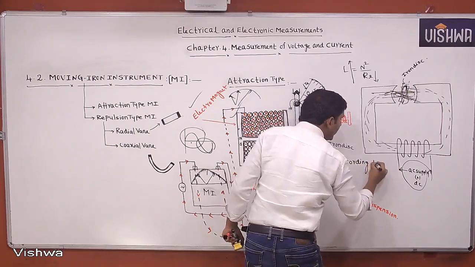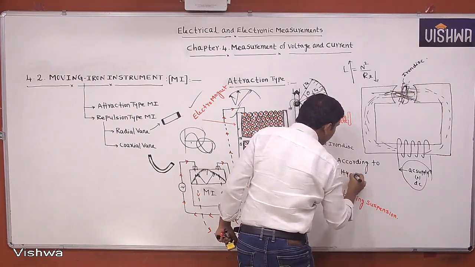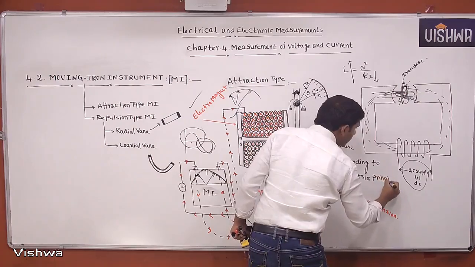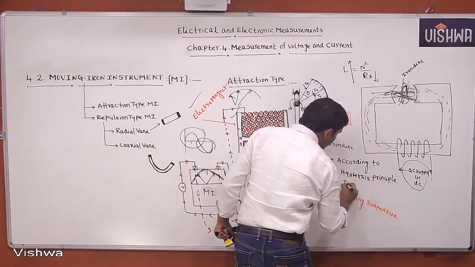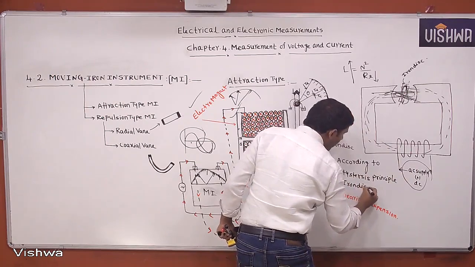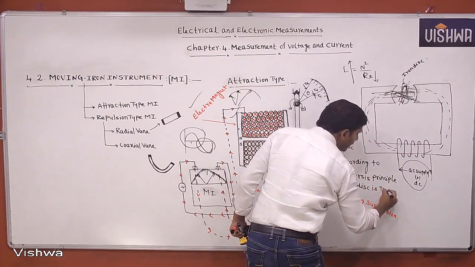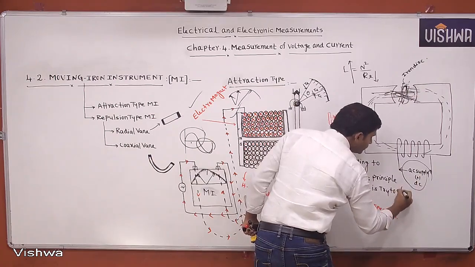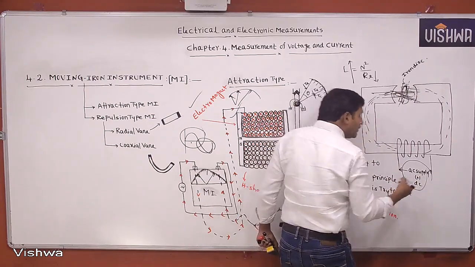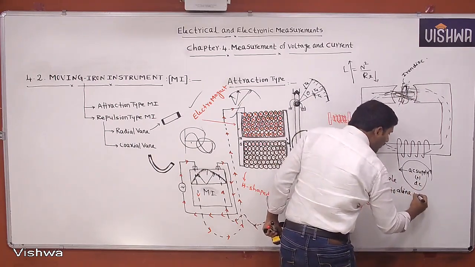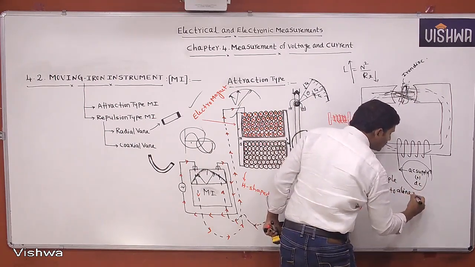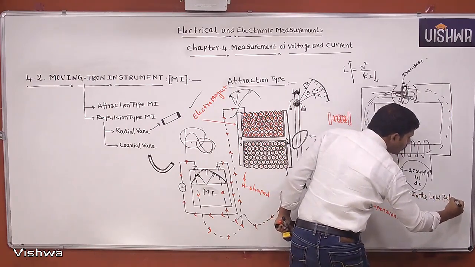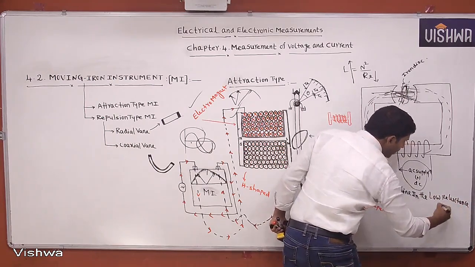According to the hysteresis principle, the iron disc tries to align in the low reluctance path.